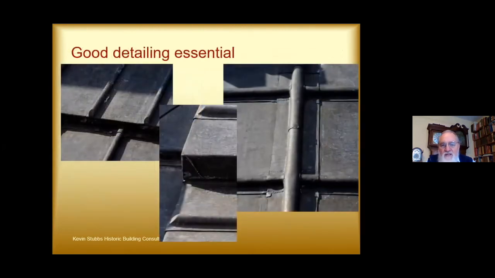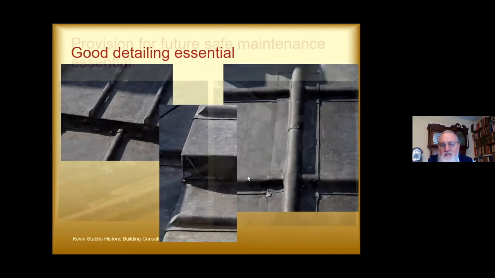And again, detailing important. Today, lead burning is quite a favourite amongst many lead workers. Again, have to be very careful with hot working on historic buildings, particularly with the lead burning processes.